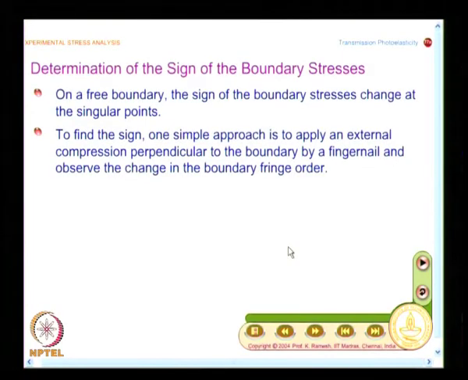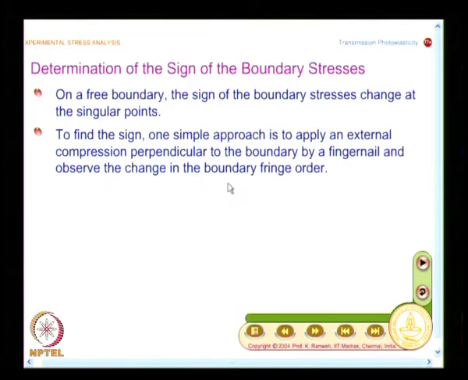And to find the sign, a simple approach is to apply an external compression perpendicular to the boundary by a fingernail and observe the change in the boundary fringe order.